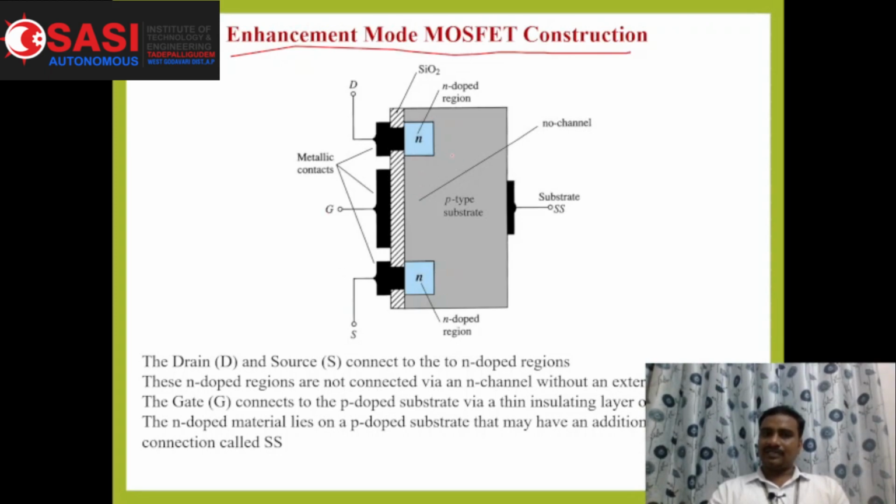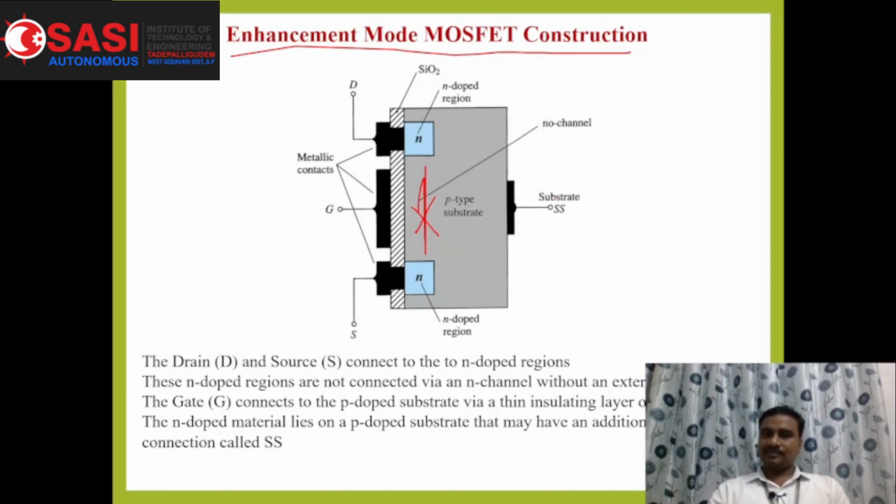The construction is quite different when compared to the D MOSFET. In the E MOSFET there is elimination of the channel, so there is no channel between the two N-type regions, but a P substrate is directly connected to the silicon dioxide layer, and the gate terminal is connected to the silicon dioxide layer.